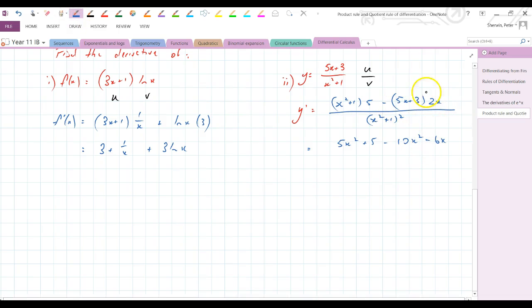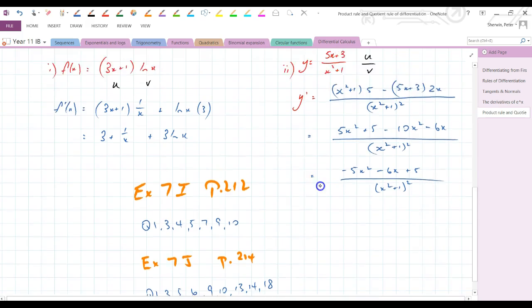So because this 2x could be sitting out the front, minus 2x by 5x is minus 10x squared, minus 2x by 3 is minus 6x, all over x squared plus 1 all squared. More tidying to do. 5x squared minus 10x squared is minus 5x squared. Then we've got minus 6x plus 5 all over x squared plus 1 all squared.